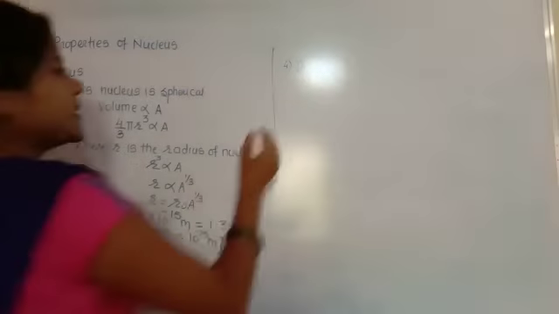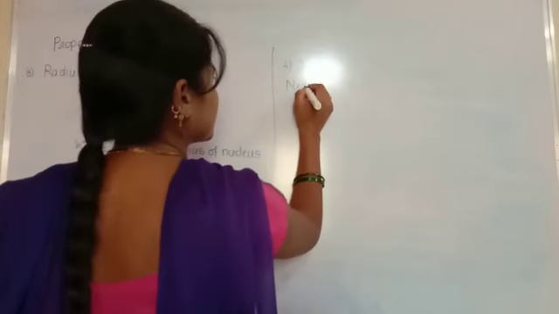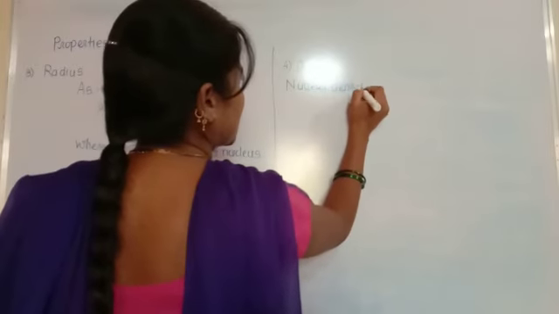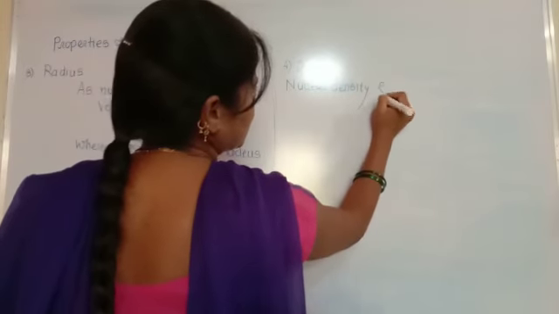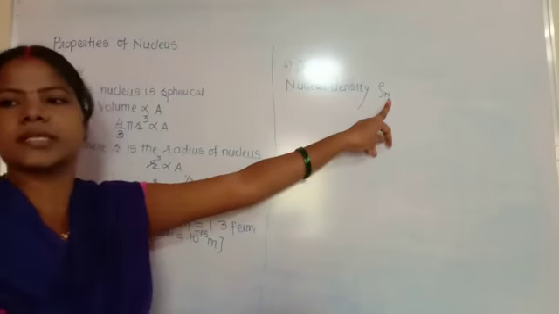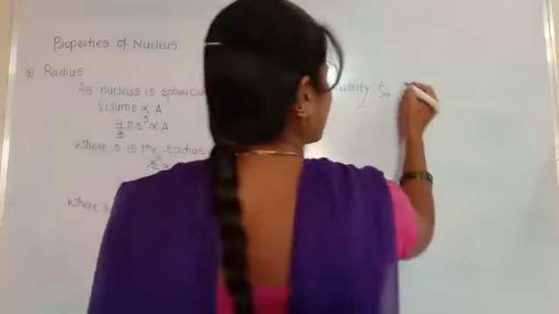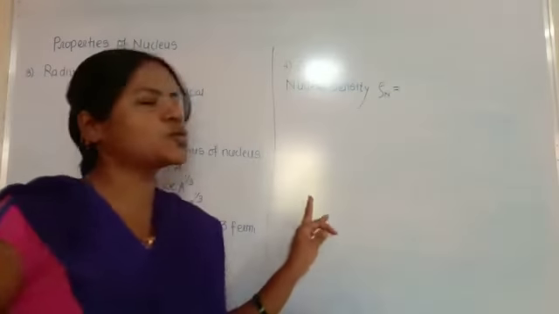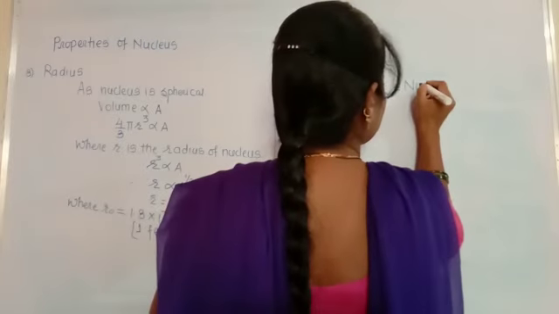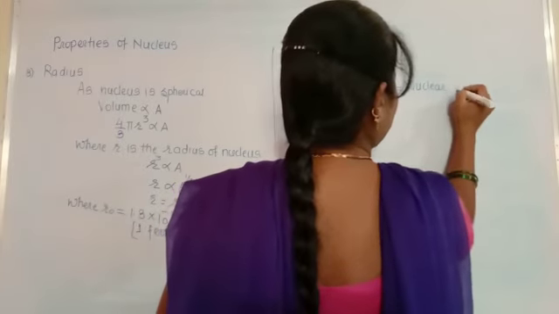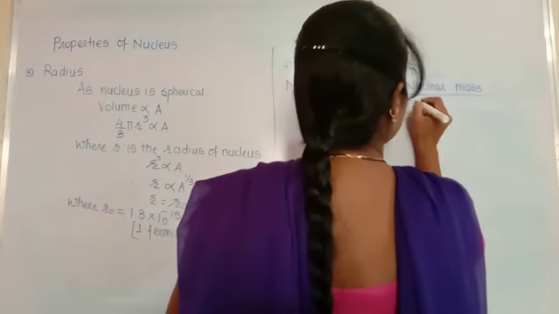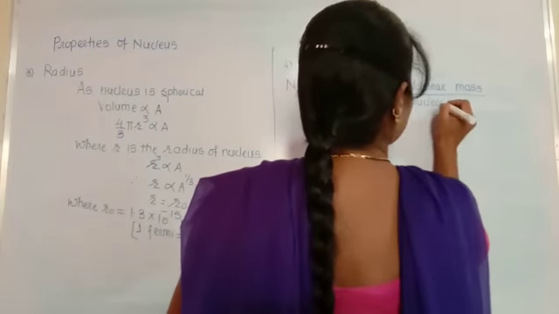So the nuclear density is nothing but rho with suffix capital N. This N is for the nucleus, and this nuclear density is equal to, we know that density is equal to mass upon volume. So we have the nuclear mass divided by nuclear volume.